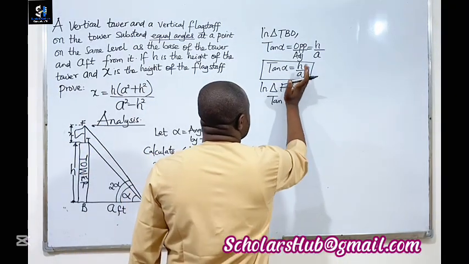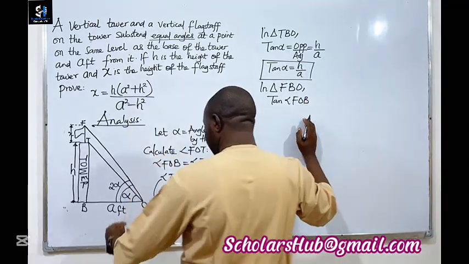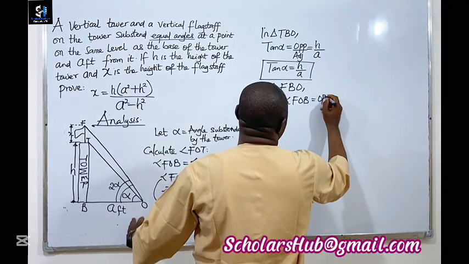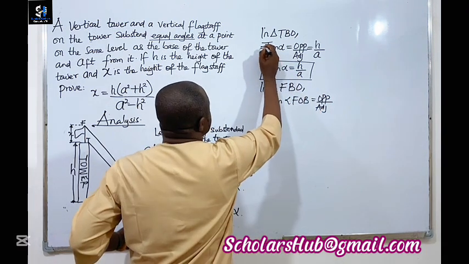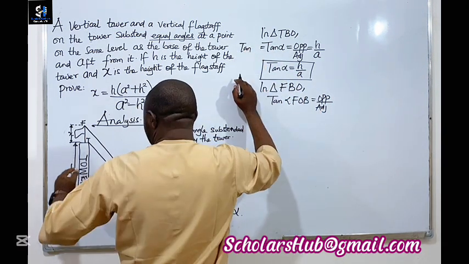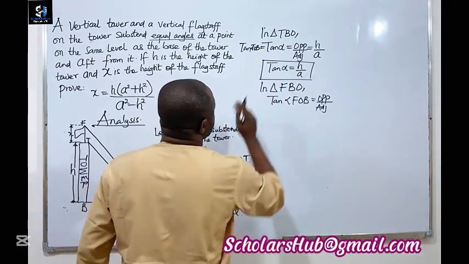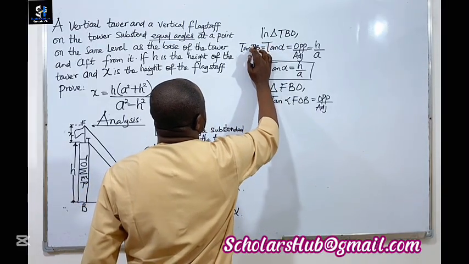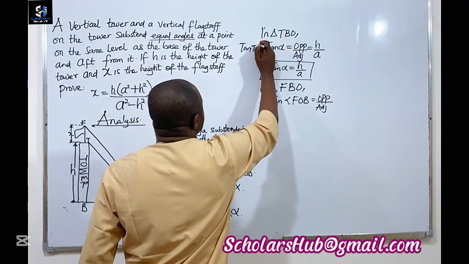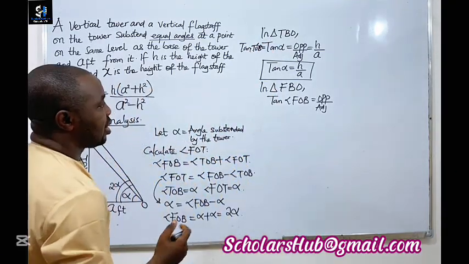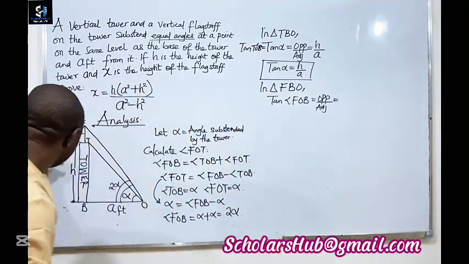So that means tan angle FOB will be equal to opposite over adjacent. In this case, the adjacent is the same as for tan angle TOB, which equals tan alpha. All right, so in this case, the opposite will be x plus h.